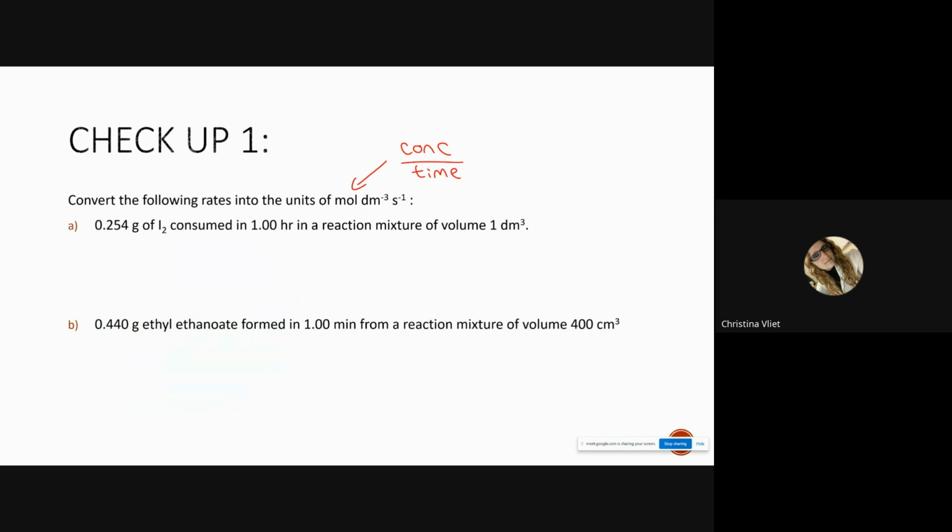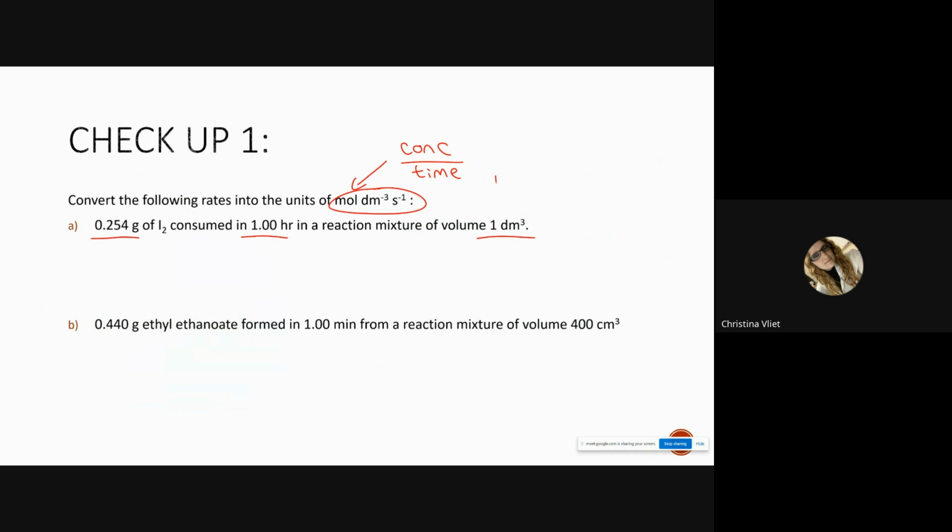So let's see if we can do it. Convert the following rates into the proper units. I've got grams of iodine consumed in 1 hour, and in a volume of 1 decimeter cubed. When they give you this, they're actually telling you what goes on the top and what goes on the bottom.